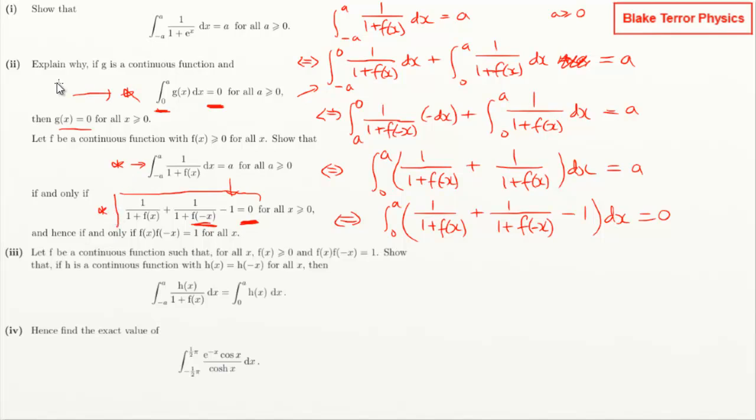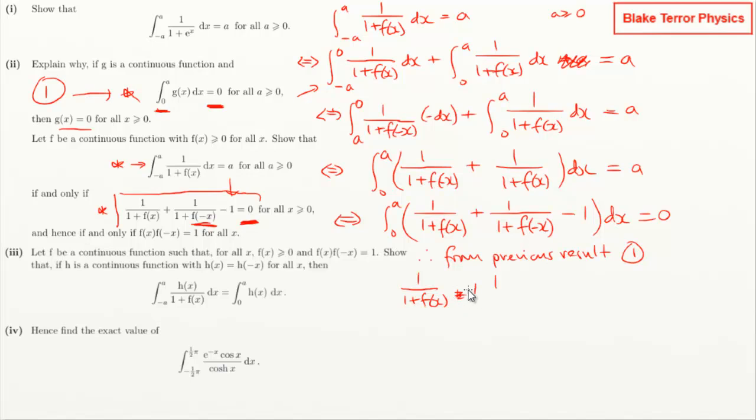So now I can use from this. So therefore, from previous result, which is 1, I've got the contents of the integral is going to be equal to 0.